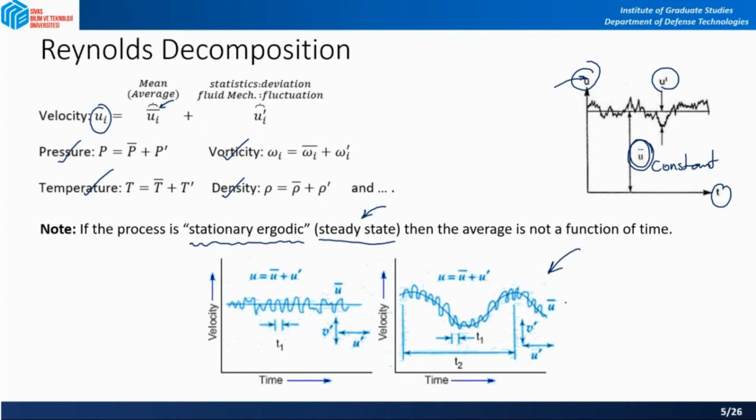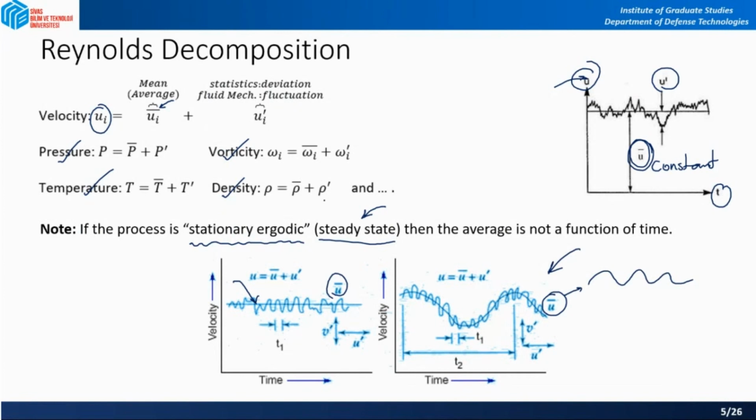So you see that your U bar is a sinusoidal variation. In a simple steady state, which we call a stationary ergodic case, which is this case, your U prime value is not changing with time.